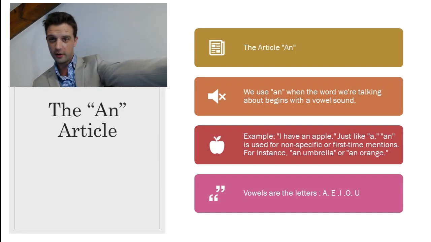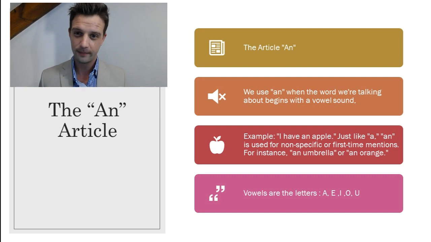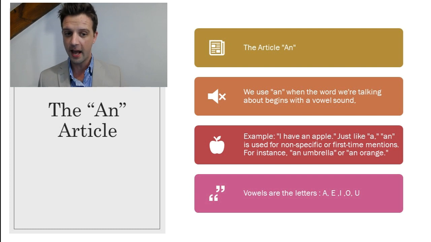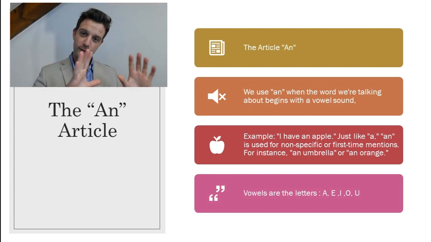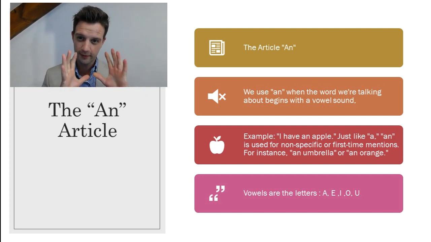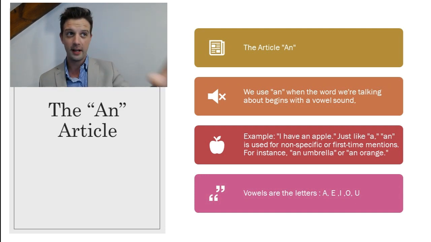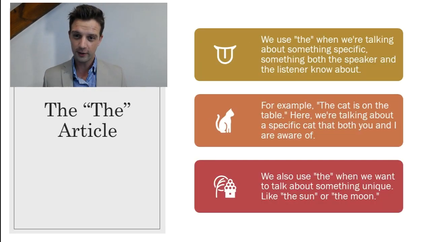So, there's an elephant. I would love to eat an orange. For example, I have an apple, and that's my example over here on the PPT. And we're using it, remember, for non-specific or general uses. We're not trying to specify the apple or the elephant. It's general.